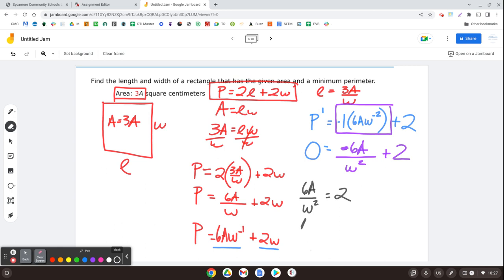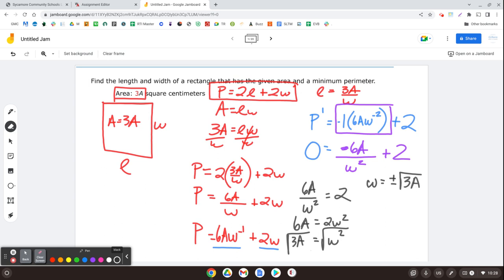Remember, we're solving this thing for W. Divide by 2. And then square root both sides, and you get W is plus or minus radical 3A.